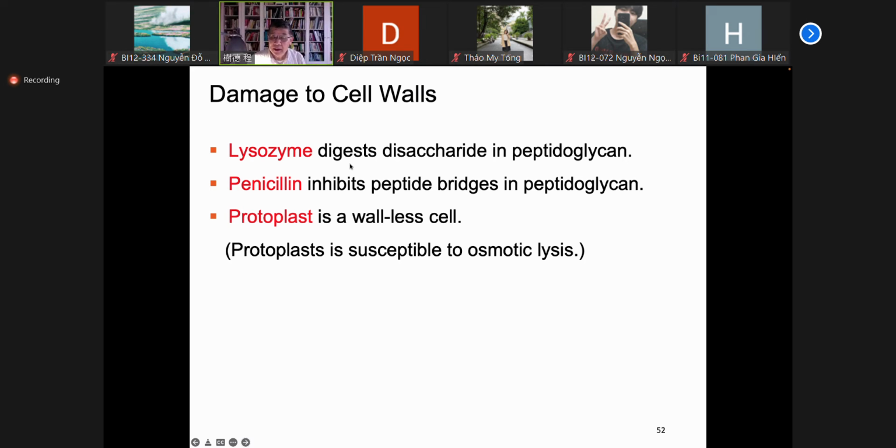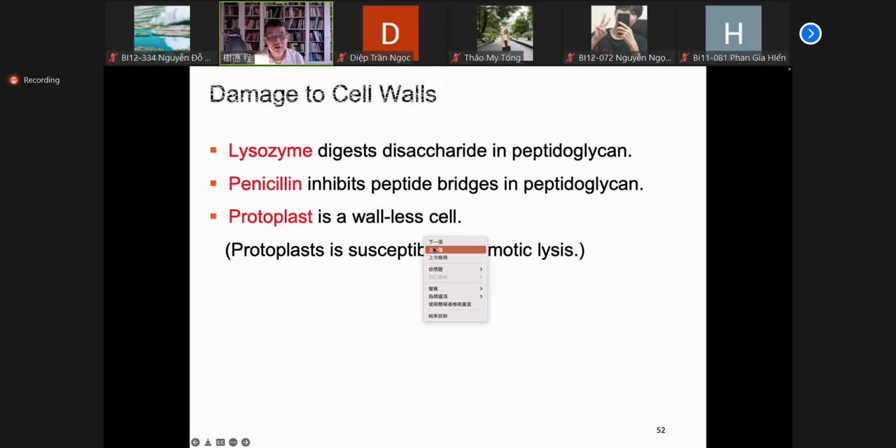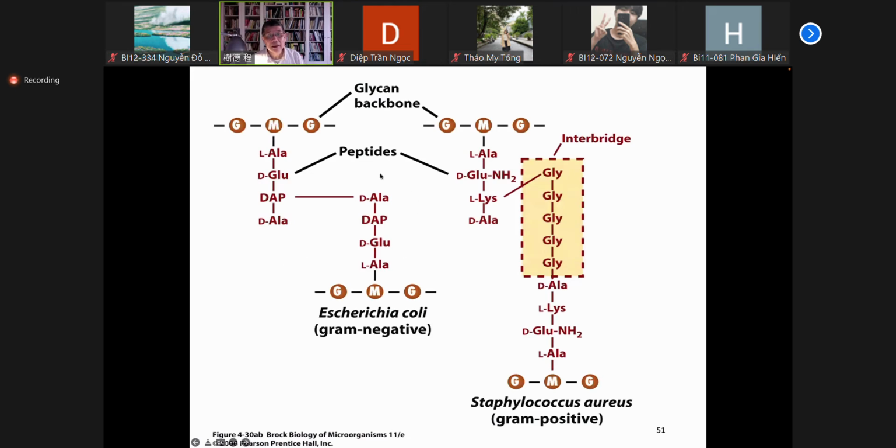Lysozyme can cut between the chain. This is beta-1,4. This is 1, right?